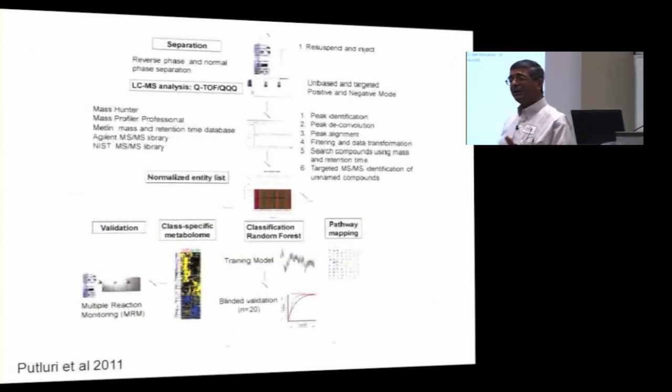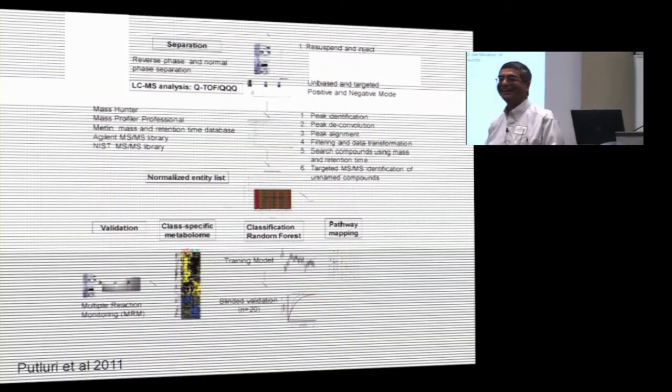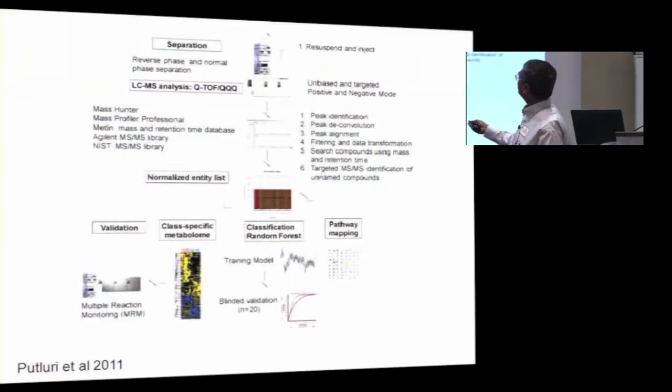So a typical workflow is something like this. I don't want you to memorize this, but basically, after you separate out your metabolite mixture, it goes to some sort of mass spectrometric analysis. Either you can have the untargeted or the targeted analysis, and we have positive and negative modes of analysis.